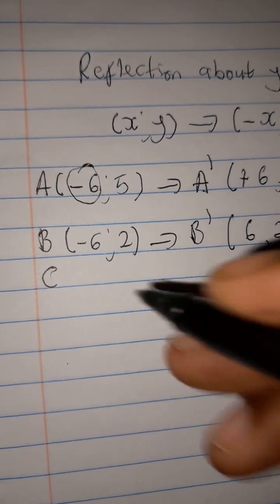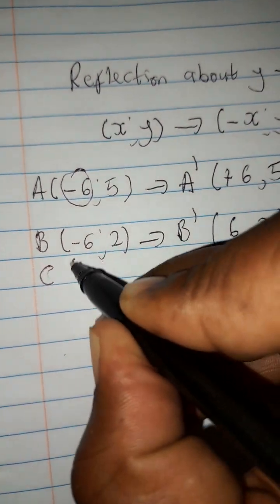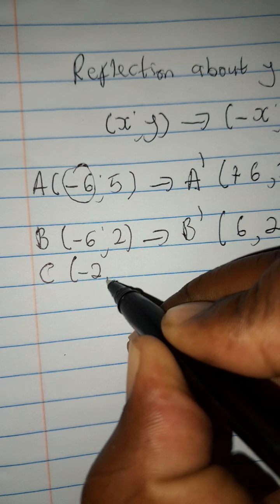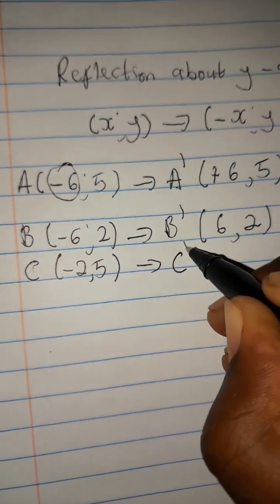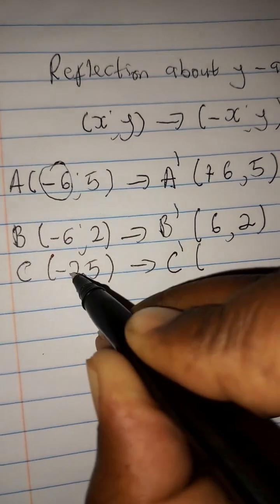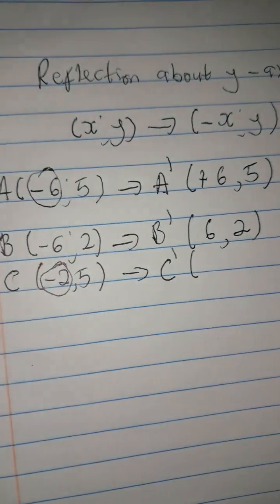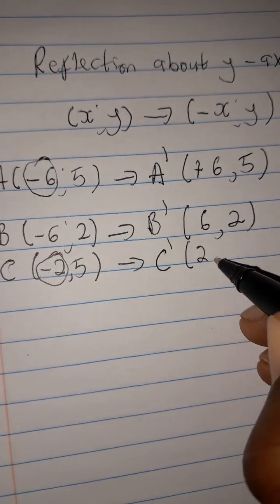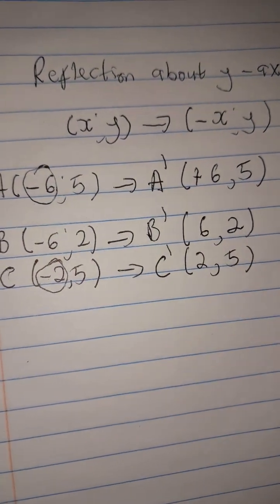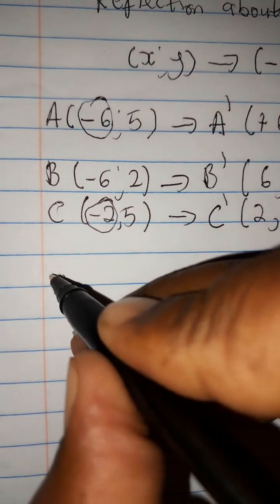Let's consider we were given C as (-2, 5). Our new image will be C prime, and what changes is your x value. Since it's negative, negative and negative is positive, so we have (2, 5). Here we have two triangles.